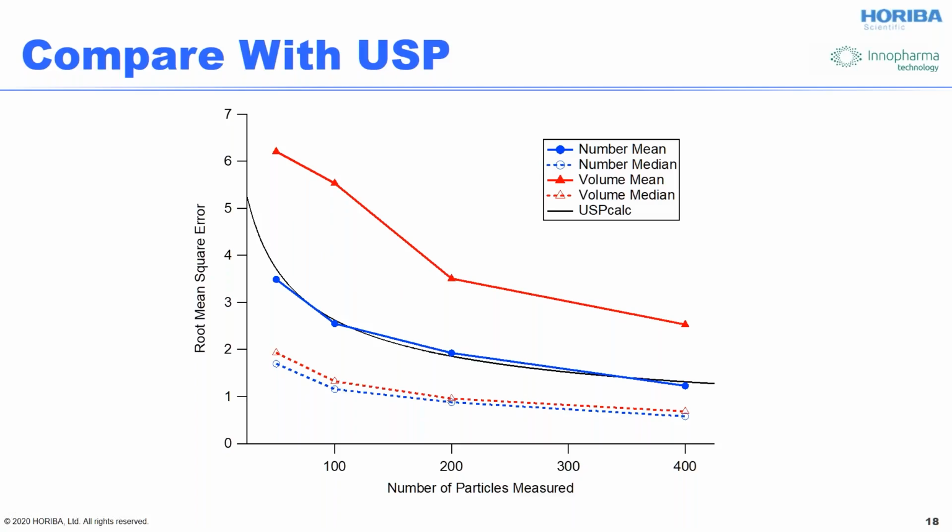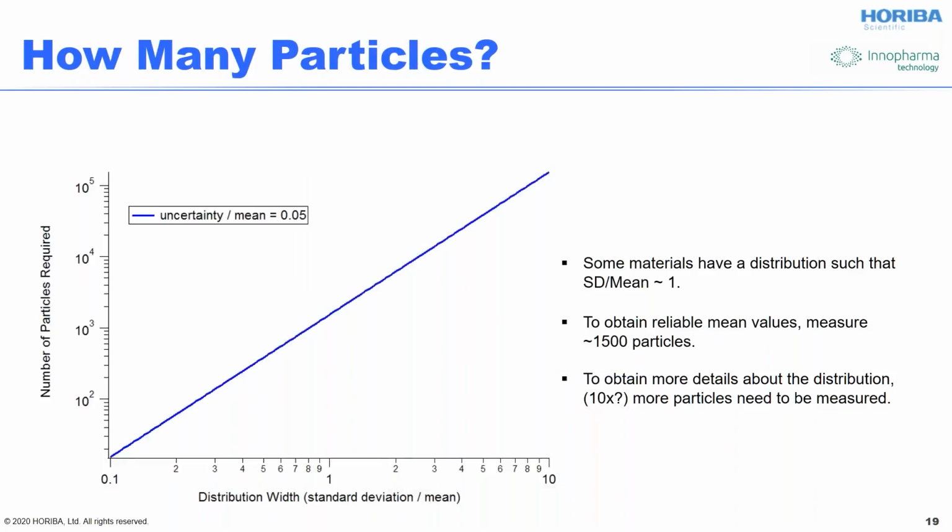But if you're not looking at number mean, you'll get in the right neighborhood, but you could see more or less variation depending on which parameters you pull out. So I kind of made a take-home graph. On the left, I plot the number of particles required as a function of the width of the distribution. And I said, okay, my uncertainty in the mean should be about 0.05.